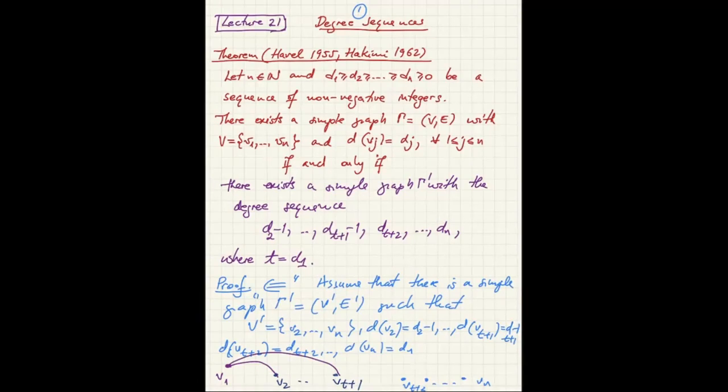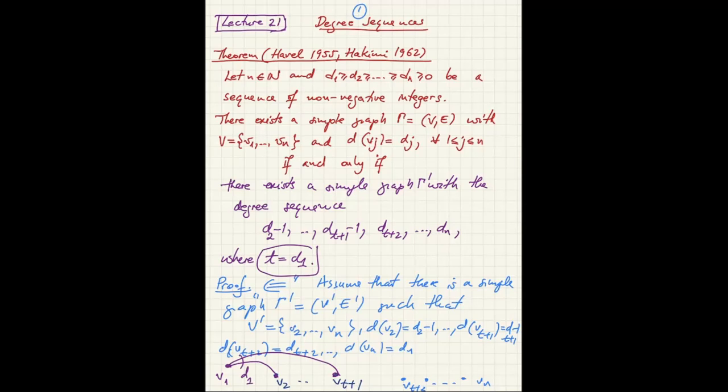Now, what do we know? We know that t equals d1. So from v2 all the way up to vt plus 1, here we'll have exactly d1 vertices. So the degree of v1 will be d1. And now the degree of each of these vertices, v2 up to vt plus 1, will increase by 1. So it will become what we want, d2 all the way up to dt plus 1.